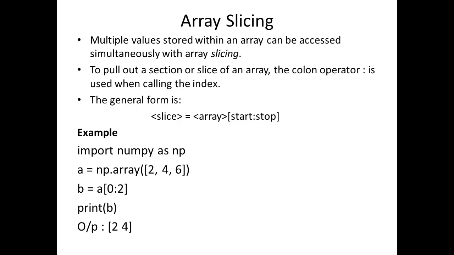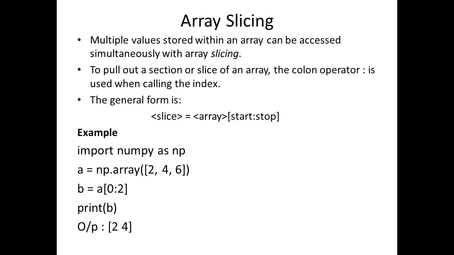Then what is slicing? Multiple values stored within the array can be accessed simultaneously with array slicing. To pull out a section or slice of an array, the colon operator is used when calling an index, for example start and stop. Import NumPy as np, the necessary package, and create an array with some elements.